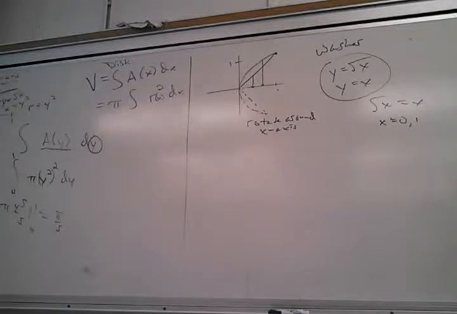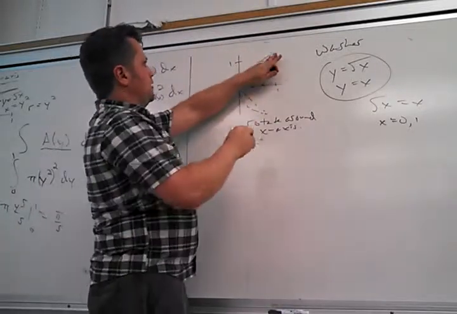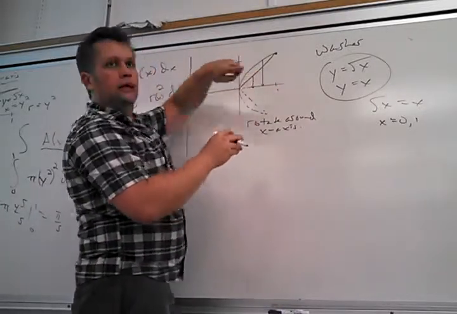This piece is solid, but then it's hollow in the middle. Any cross section is going to have a circle on the outside, a thick part, and then the inside is hollow. That's why it's called the washer method. But it's really no different than the disk method. It's just as if that wasn't there, and it's subtracting what this one would be.